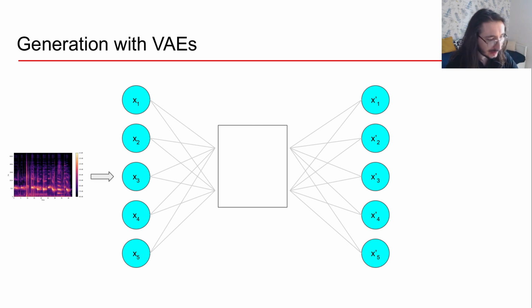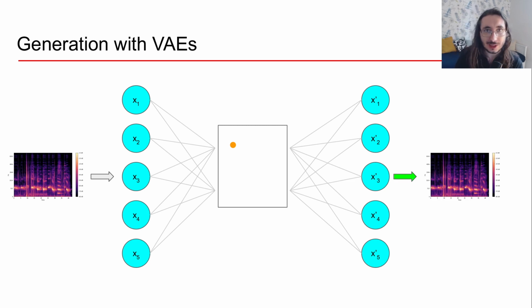Once we pass in this spectrogram, what we'll get after the encoder does its job is a point in the latent space. And now we'll use this point in the latent space and feed it into the decoder. And what we'll get out as an output is another spectrogram, which in this case is the reconstruction of the original spectrogram.